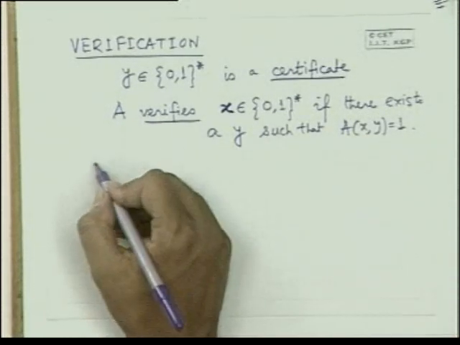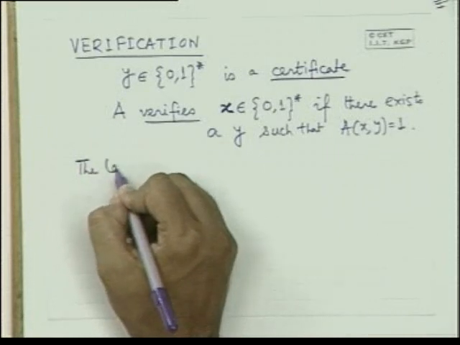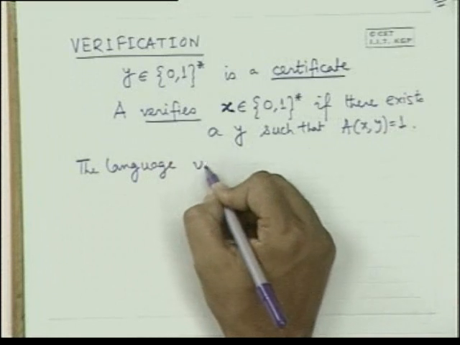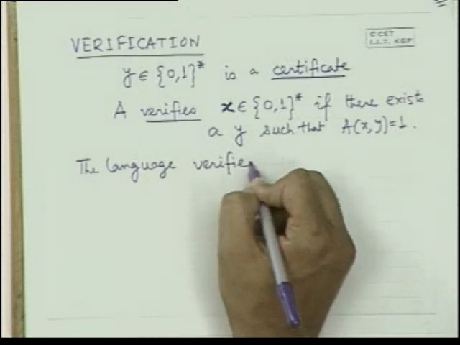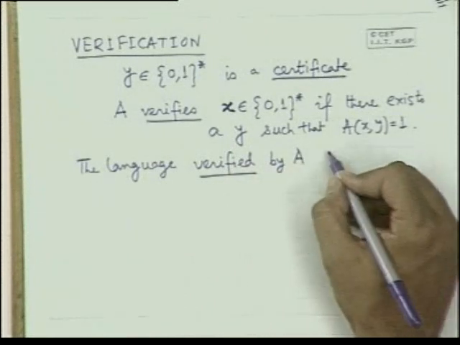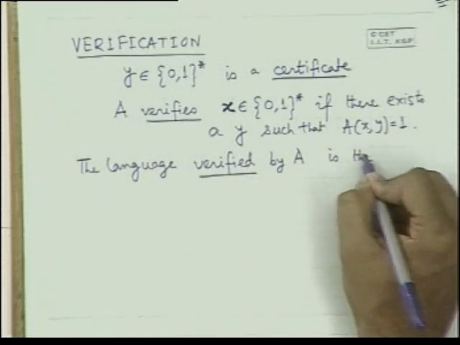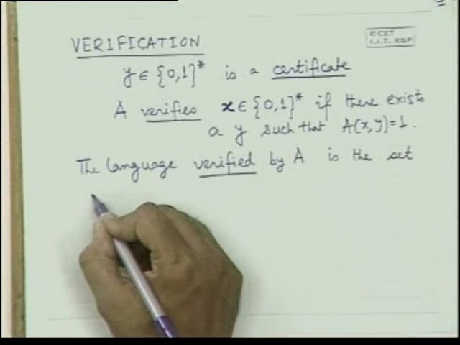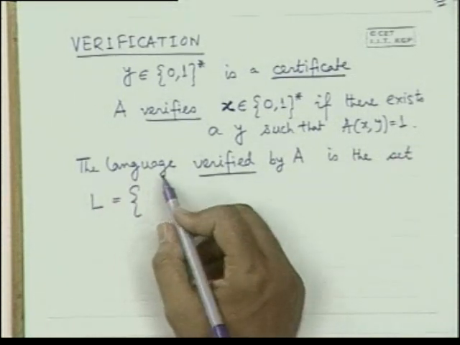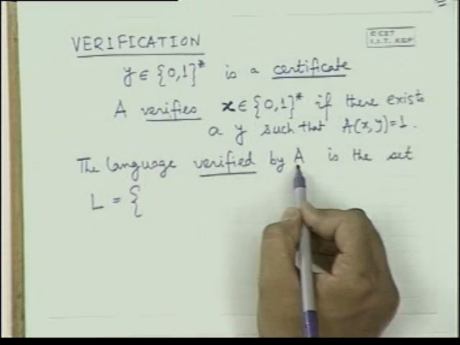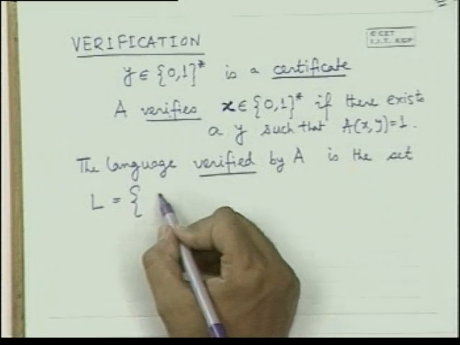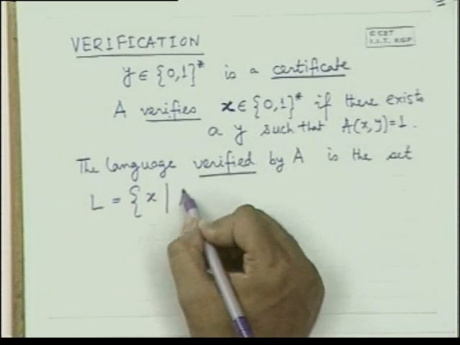So let me write down now the language verified by A. It is the set L. So what are those strings? From this definition it follows that the language verified by A, L, is the set of all those strings x such that A verifies x.